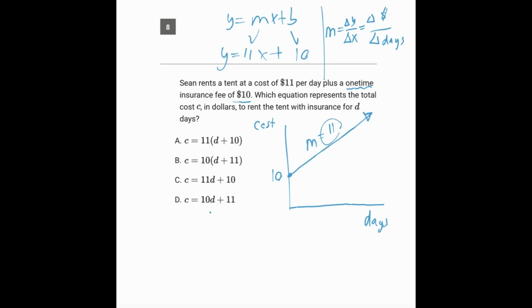In any case, converting this over to C and D, instead of being y equals 11x plus 10, the cost, C, is 11 times the number of days plus 10. So whether it's x and y or C and D, doesn't make much of a difference, but the answer here is C.